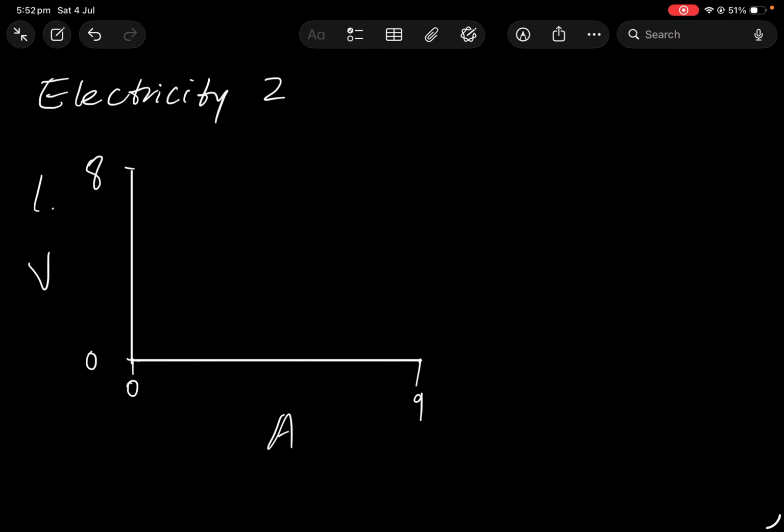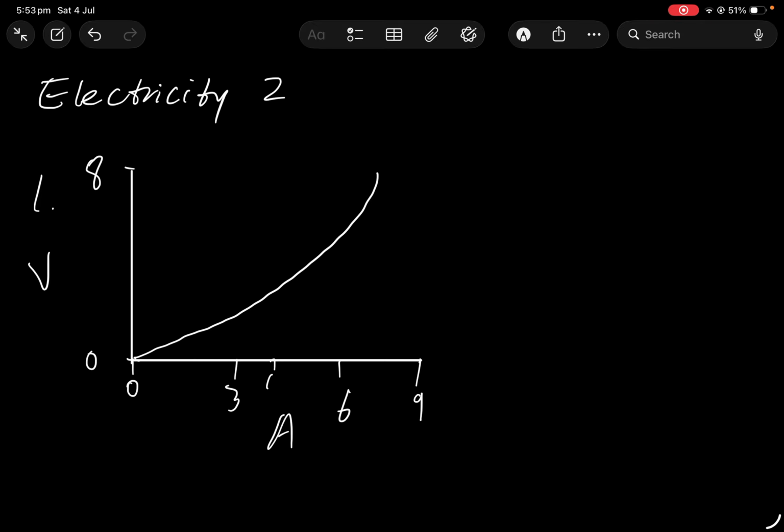And so it goes around like that. That's 3, that's 6, and 3, 4, 5.